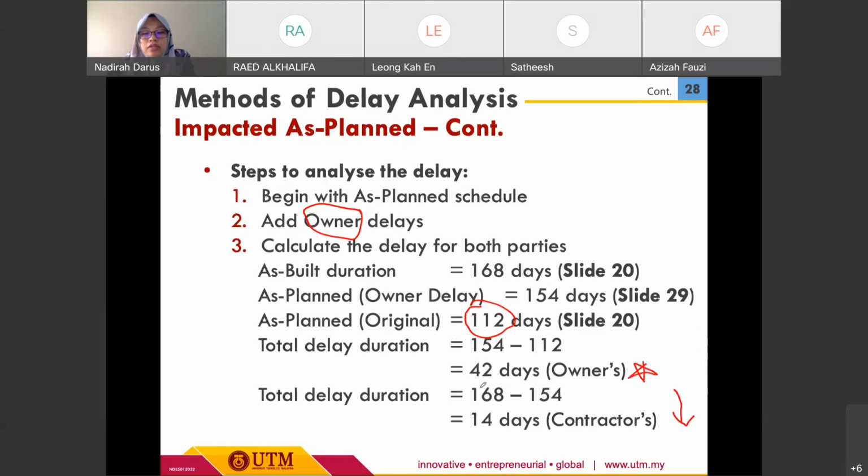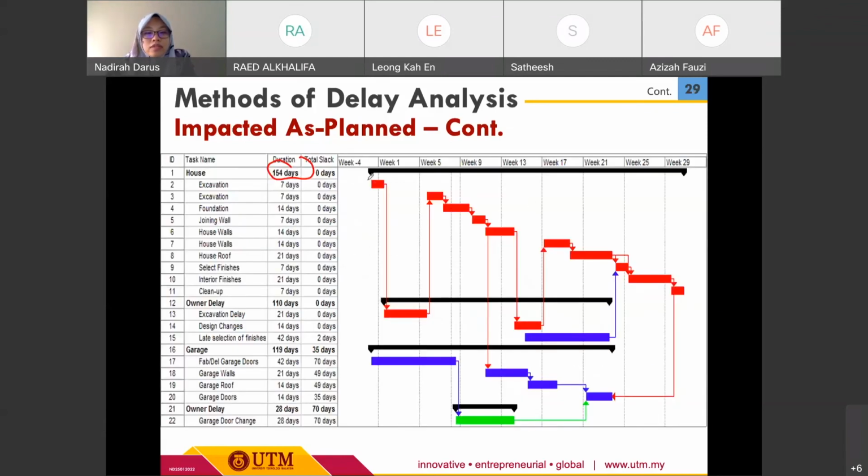For contractors, we consider the as-built duration minus the as-planned with owner delay. So this is the actual delay for the contractors. Again, this method can analyze the delay for both parties, contractors and also the client, the project owner. So this is a good program for this calculation.